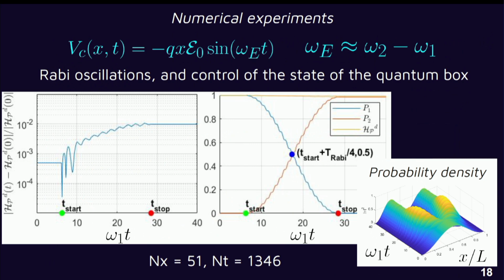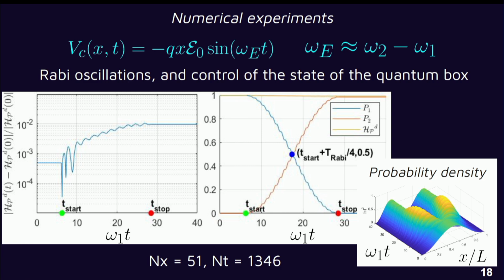And we can go further by applying control. Here you apply an electric field to a dipole, and you will produce oscillation: if the state is initially in state number 1, you will create oscillation between level 1 and level 2.